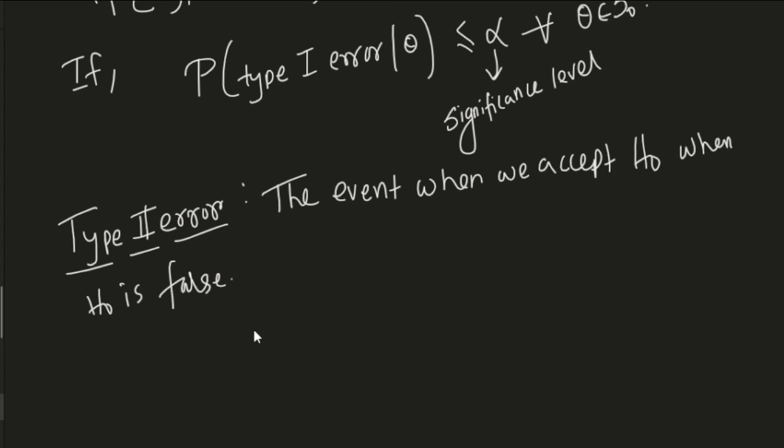So this is also a type of error, and it is called basically type 2 error. Since it is usually denoted by beta, you can write beta of theta, where theta is the parameter of the test statistic.